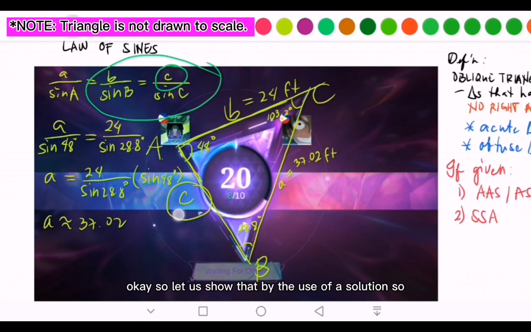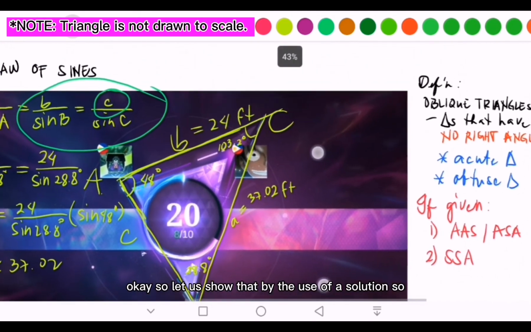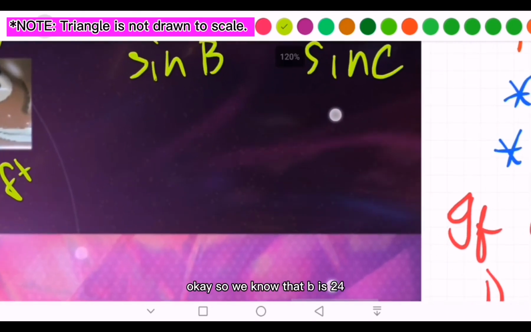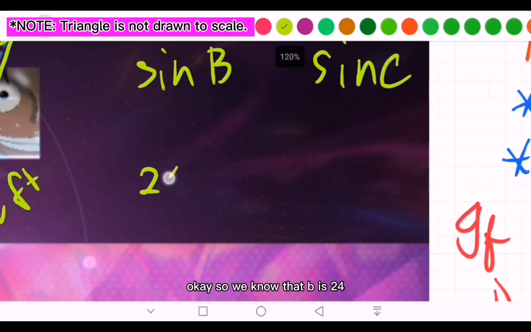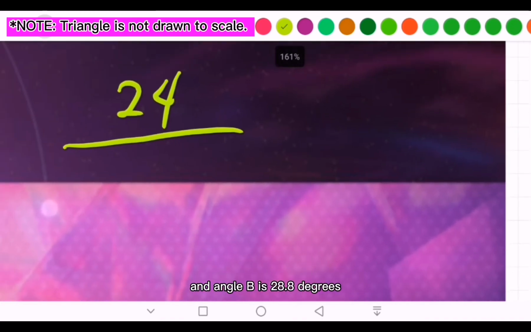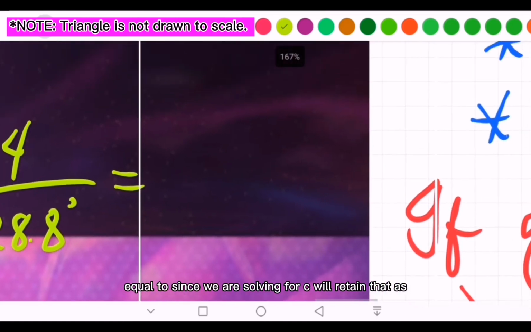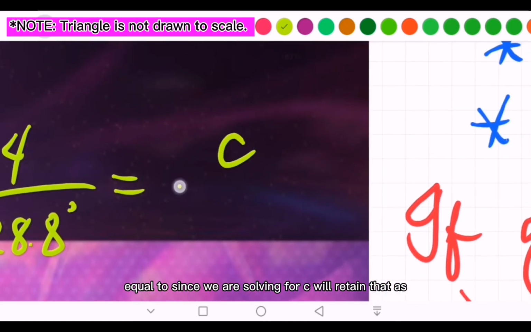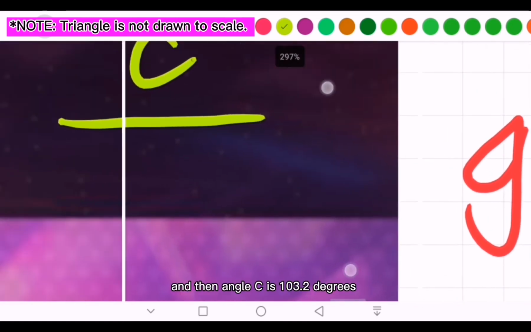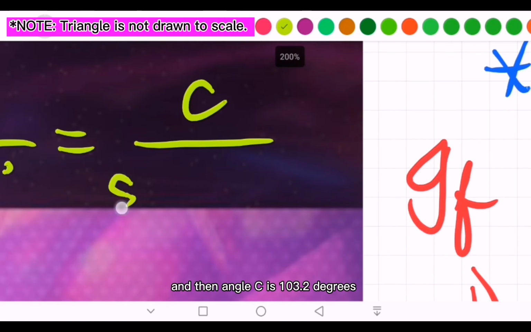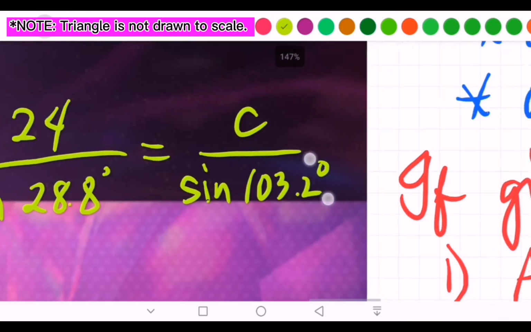We know that b is 24 and angle B is 28.8 degrees, so that is sine 28.8 degrees is equal to, since we are solving for c, we retain letter c over sine of angle C, which is 103.2 degrees.